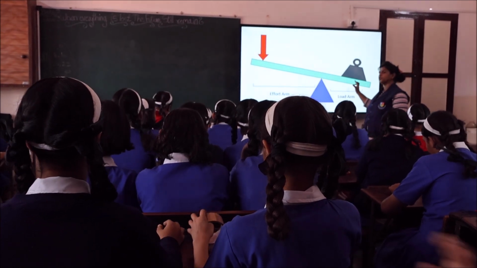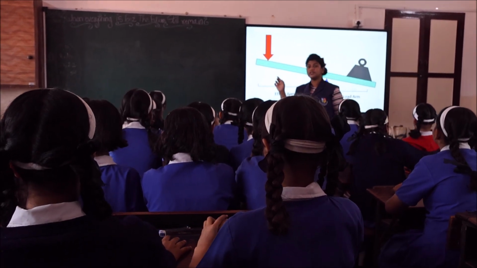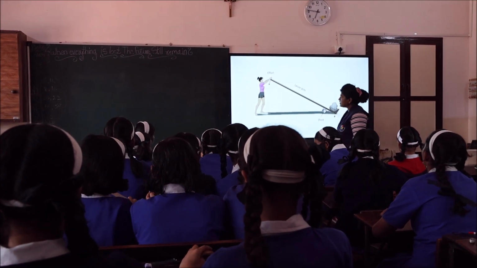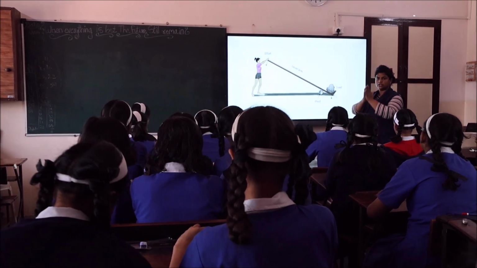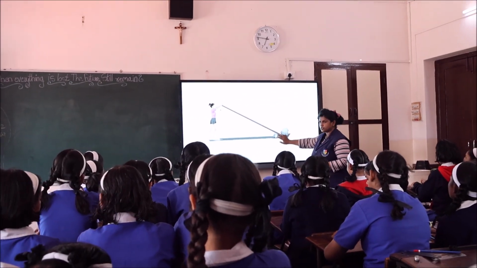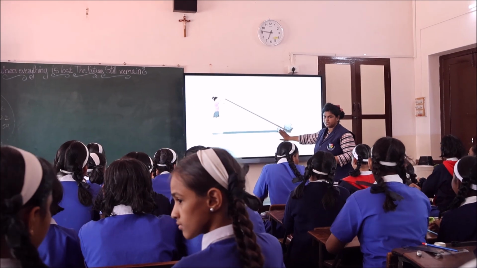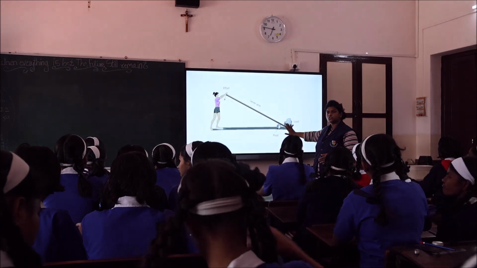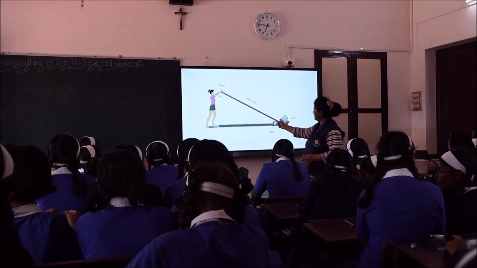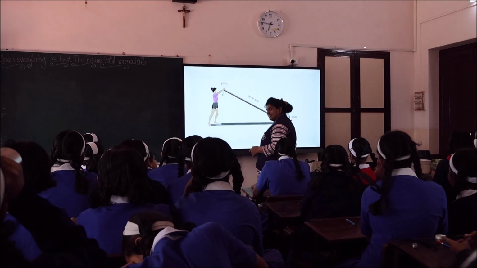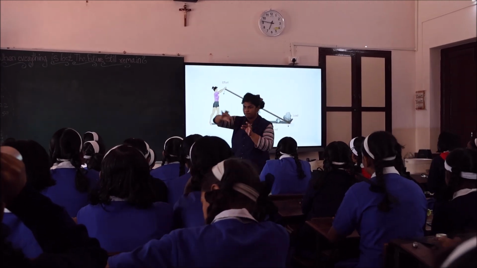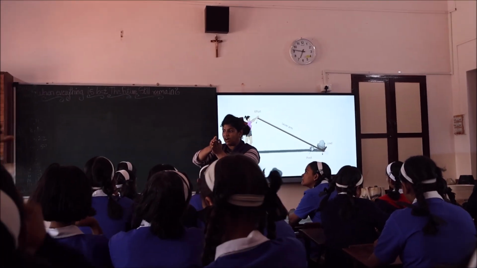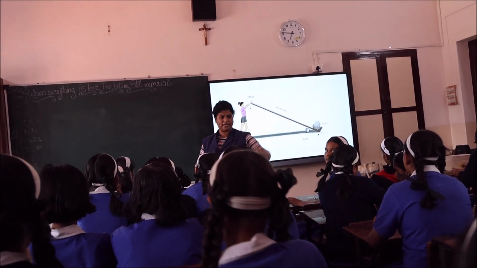Now, there's a small secret that we have to understand. Look carefully, there's a fulcrum in the center and a load over here. If it is very heavy, and you increase the effort arm, the distance of the effort arm from the fulcrum, it will be easy to pick it up.